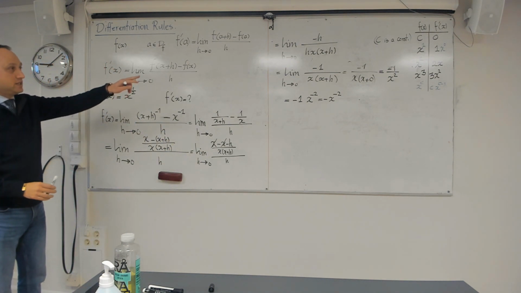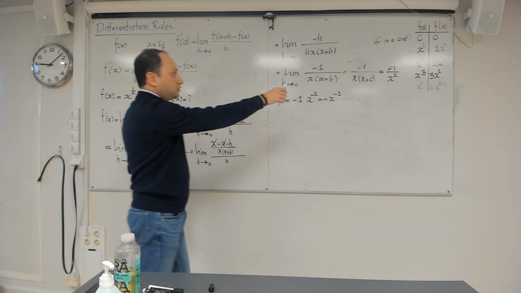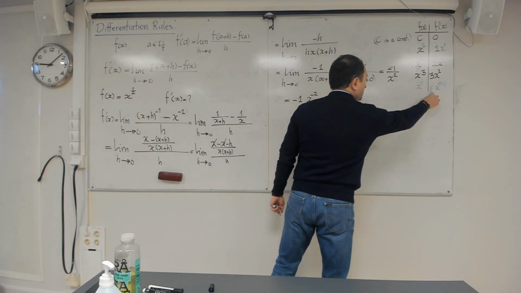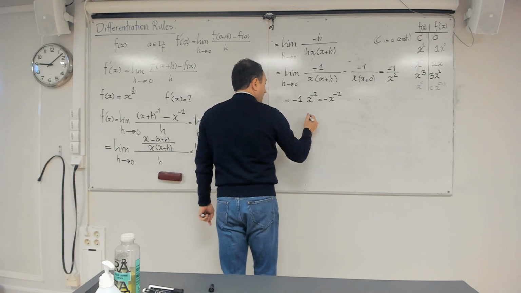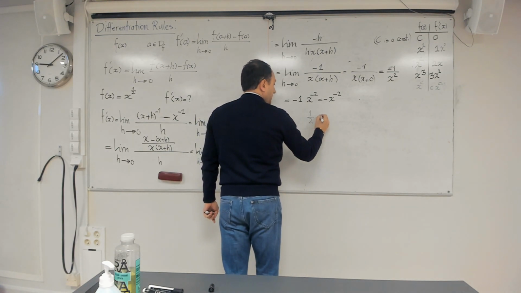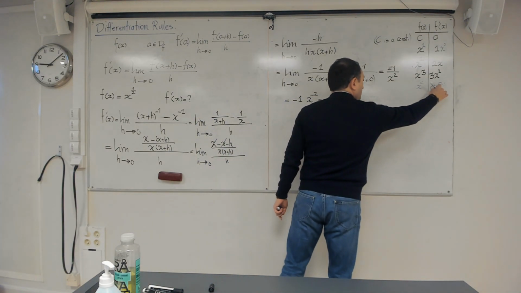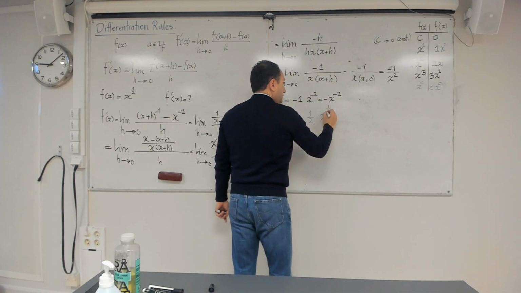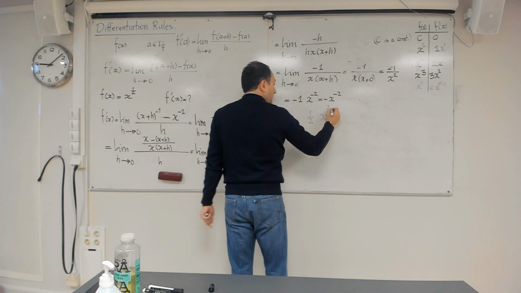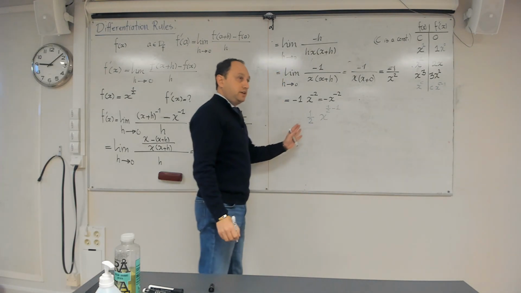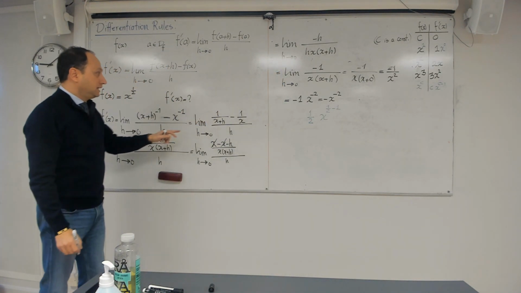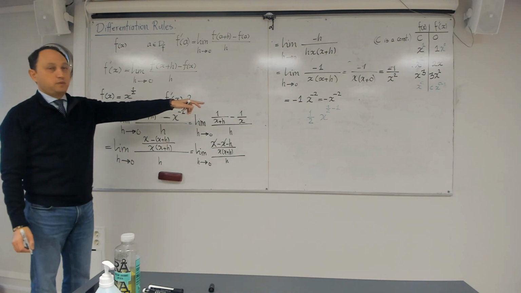What would be your guess? If this follows the same rule, the rule tells you to bring the exponent down. So the exponent is 1/2, so I need to bring it down. And then I need to write x to the power 1/2, your exponent, 1 unit less. Yes? If it is going to follow the same rule, the answer that you would expect is this one.